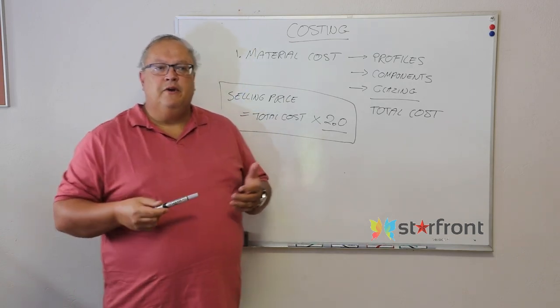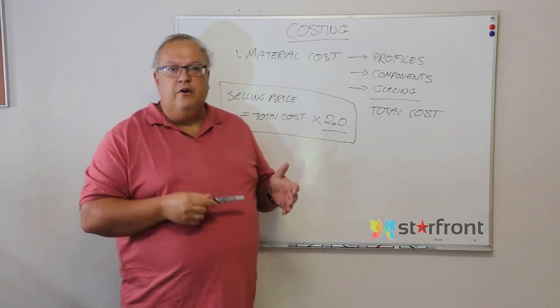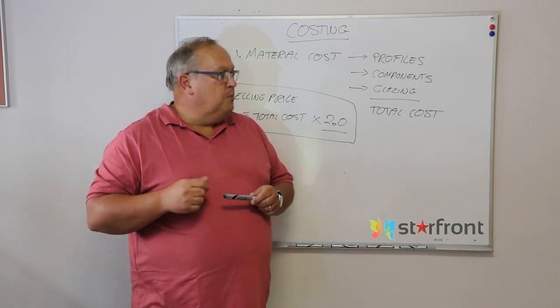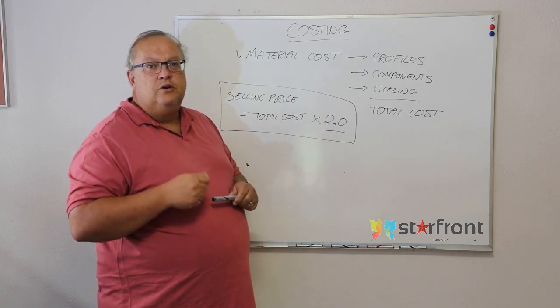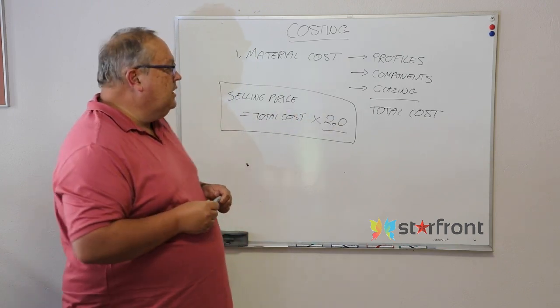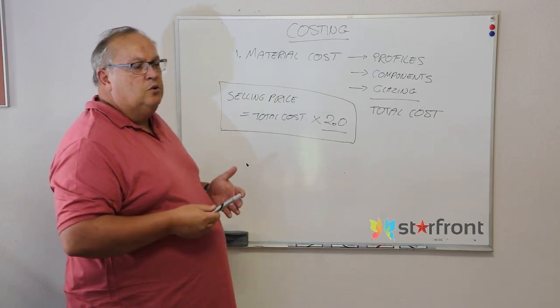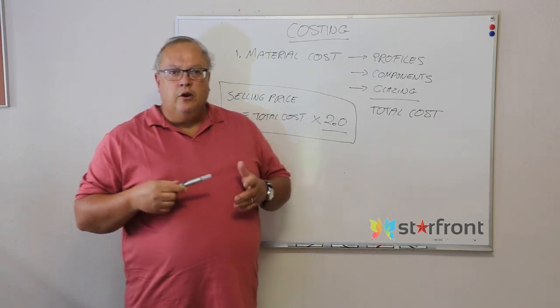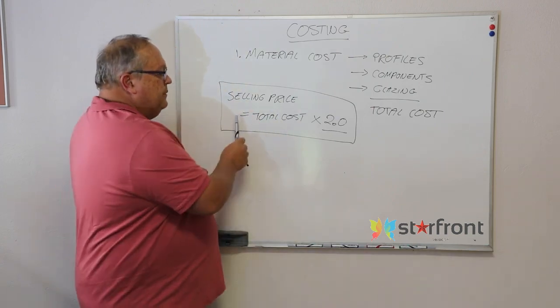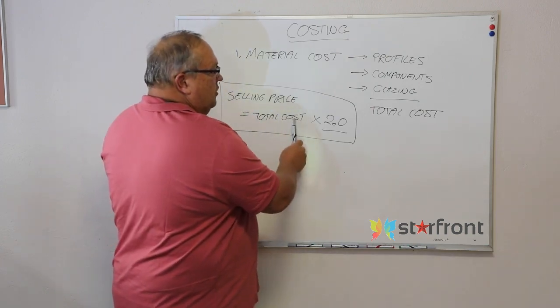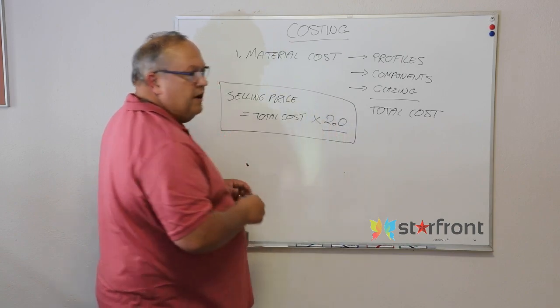Now obviously manufacturing costs and installation costs vary from job to job, which is why it's not a good idea to apply this across the board. But it is a good starting point. And particularly for those people who've just installed StarFront for the first time and urgently need to get a cost out of the system, you can work on this basis of total cost times a factor.